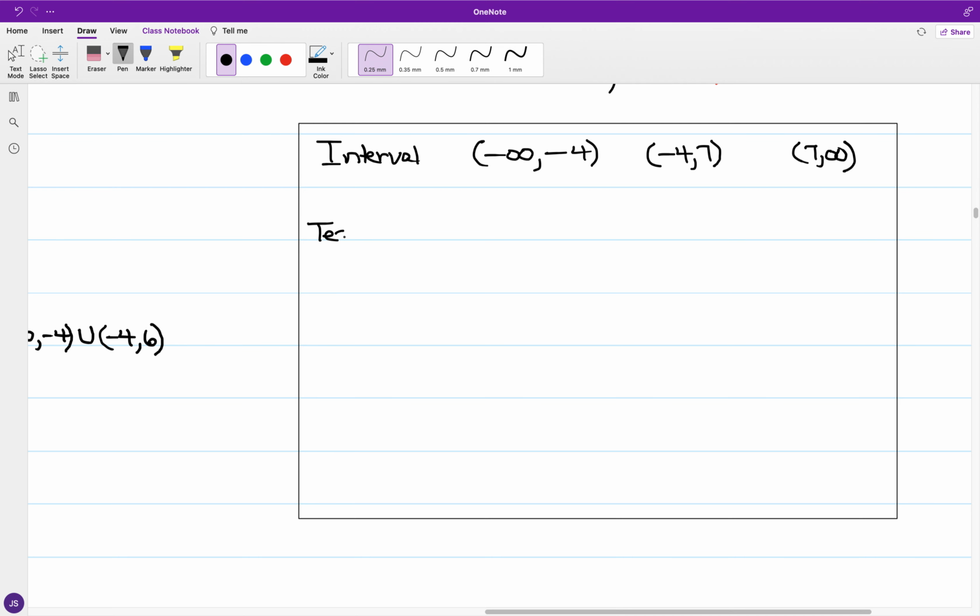And establishing the rows here, we've got our test value. Again, for the rational function, r of x is equal to x plus 4 all over x minus 7.